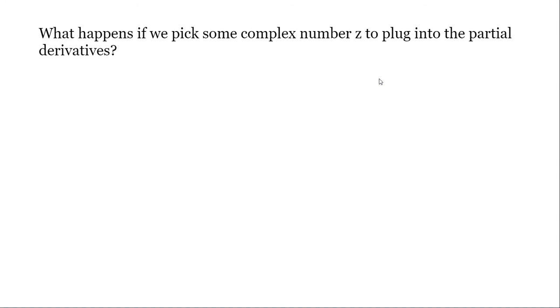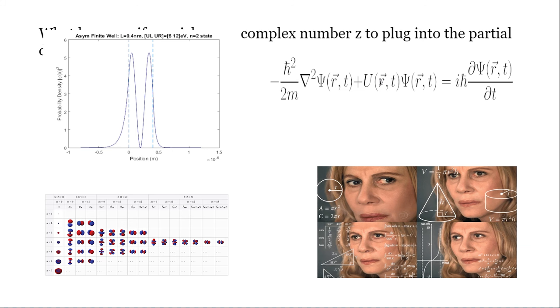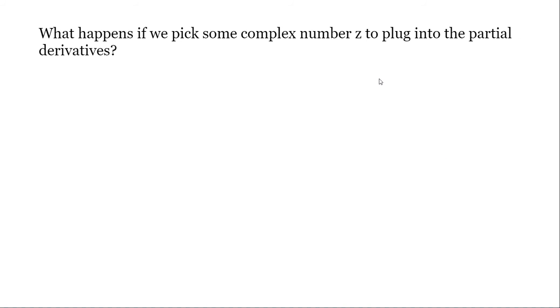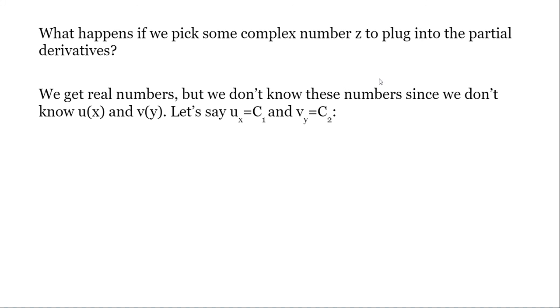From here we're going to use a little trick that I learned in physics actually when we were solving Schrodinger's equation. What happens if we pick some random complex number z to plug into the partial derivatives? Once again, we don't know the partial derivatives explicitly, so we don't know what numbers they'd come out to be. But we do know since u(x) and v(y) are real valued functions, we get real numbers out of them.